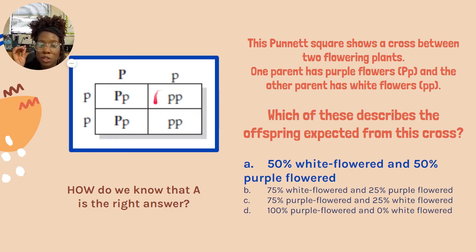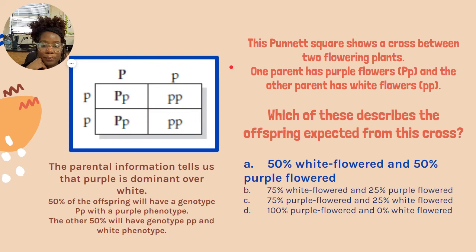So that tells us that these are white flowered offspring and these are purple flowered offspring. Okay, so that's how these problems can get a little bit confusing, because they may not tell you. You have to read the problem and interpret what genotypes match what phenotypes.